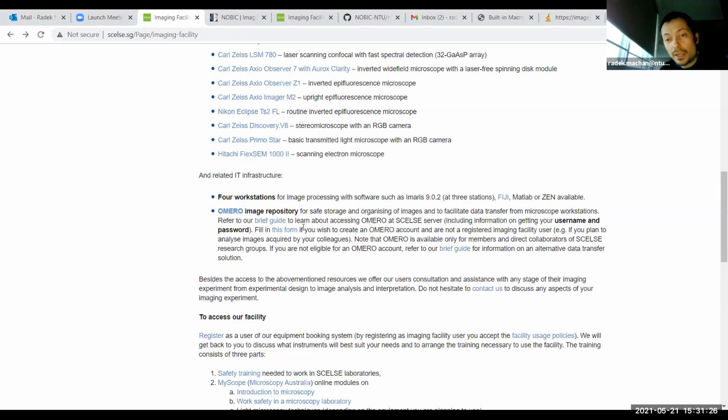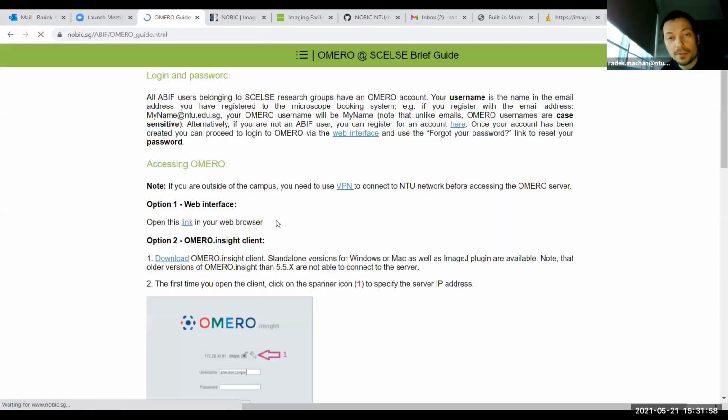So there are two ways you can copy images which you acquire at the microscope. One of them, which is available for all users from CellC, is Omero. When there is any new user of the facility from CellC, we create an Omero account for them, so they can log into the server and upload images.